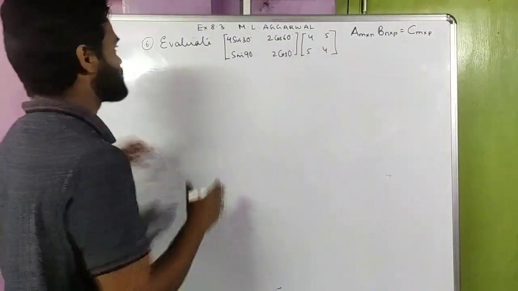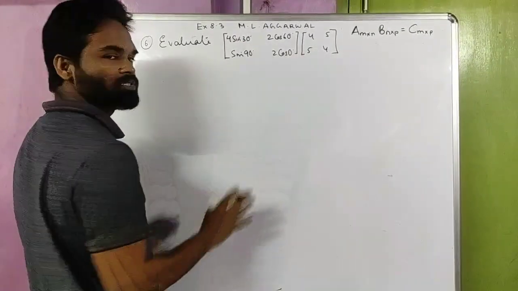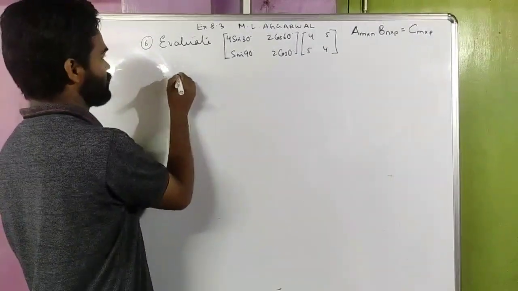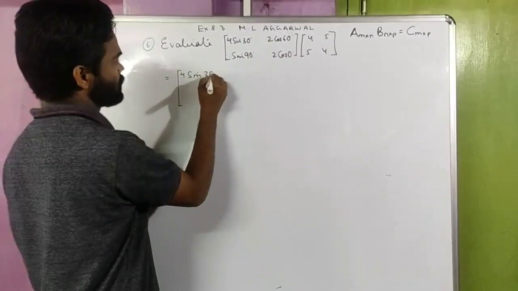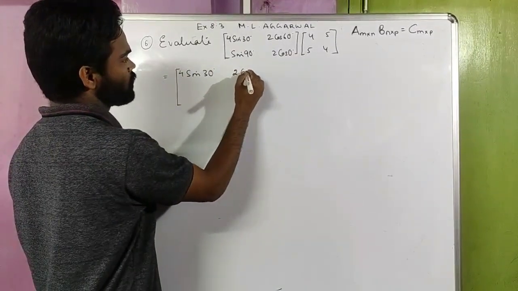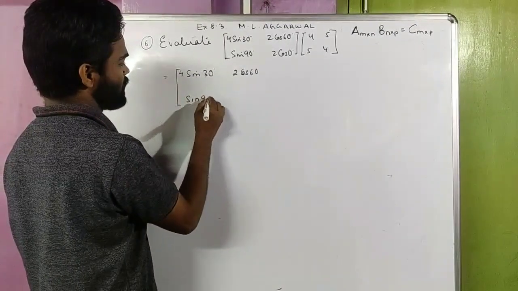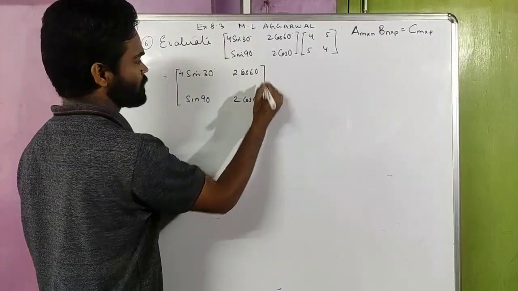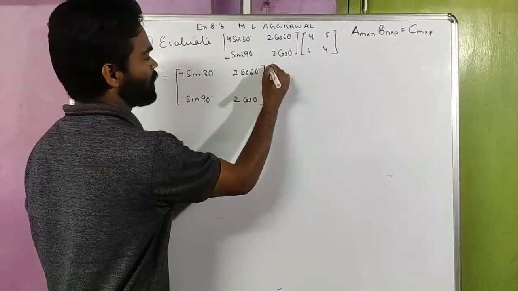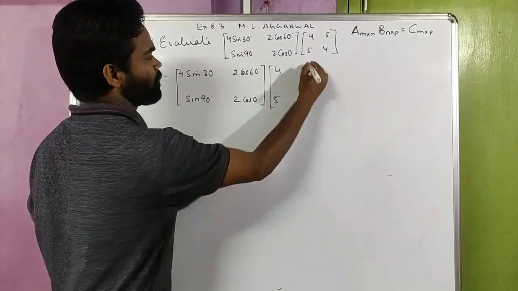Now look at sum number 6. Evaluate these two matrices, they have told us to multiply. Now look carefully. 4 sine 30, 2 cos 60, sine 90, 2 cos 0 degree, multiplied by 4, 5, 5, 4.